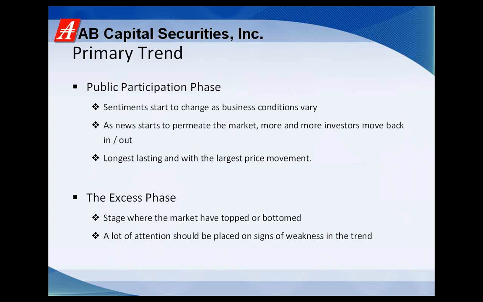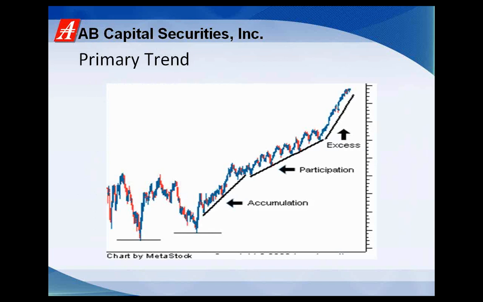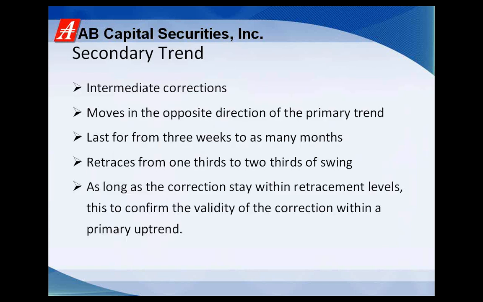This is a visual of the three phases of the primary trend: the accumulation phase, the participation phase, and the excess phase of the primary trend. Now, the secondary trends are basically the correction phase of the market.